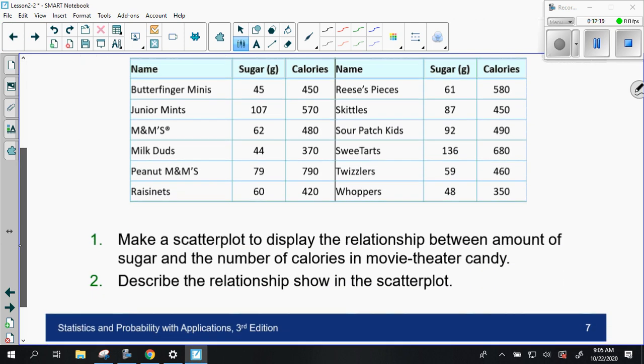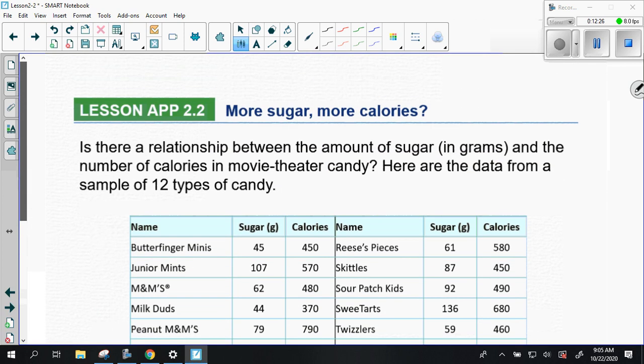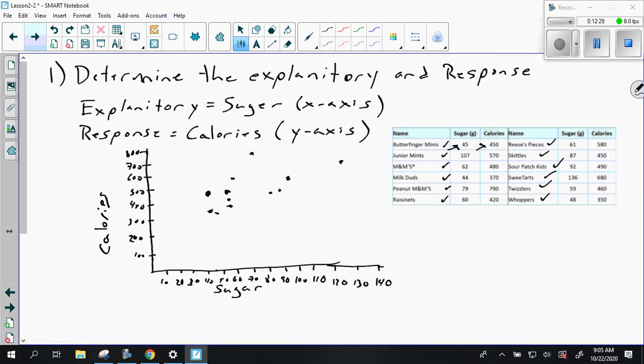Okay, we're just going to describe the relationship. So remember, when we're being asked to describe, we need to include the form, direction, strength, and talk about any possible outliers or extreme values. So let's go ahead and describe the direction. When we're talking about direction, we want to know if it looks like it's a positive or a negative association.